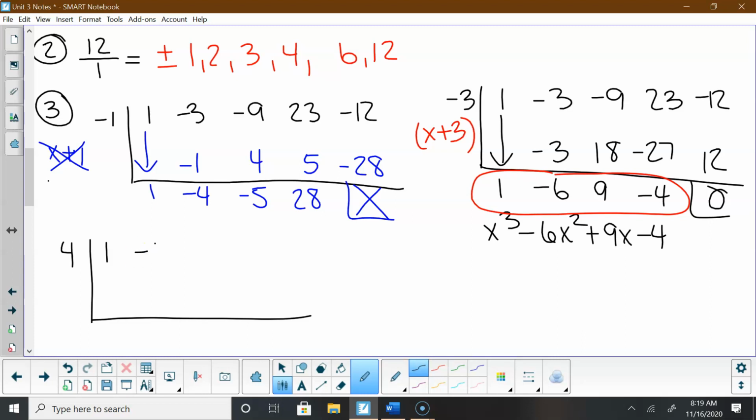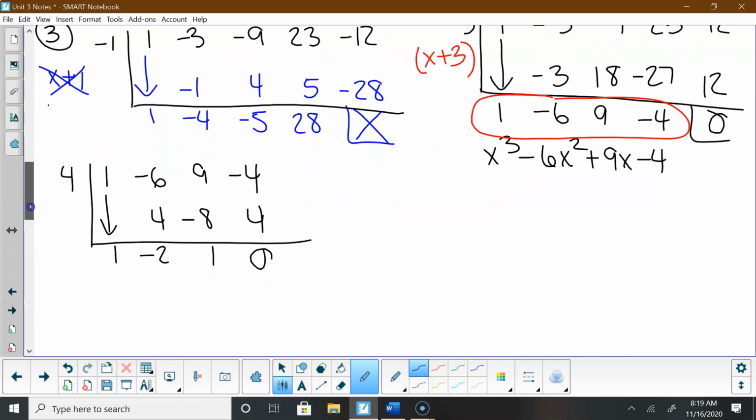So 1, negative 6, 9, negative 4. Did it work? Yes. Sweet.